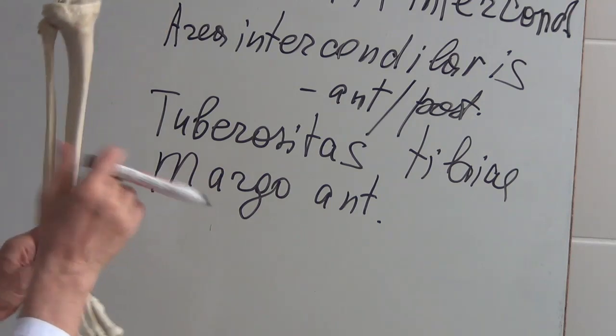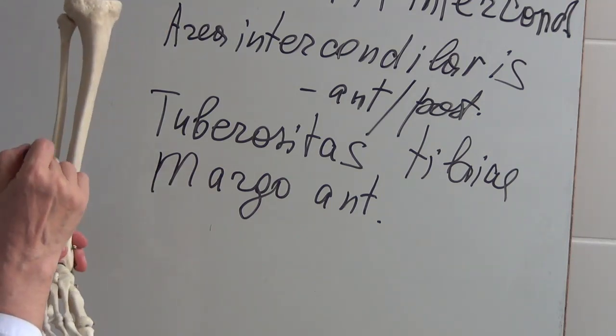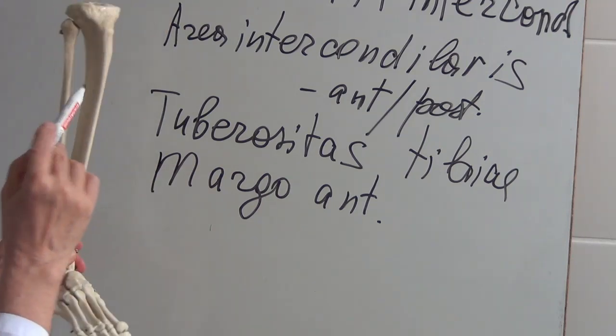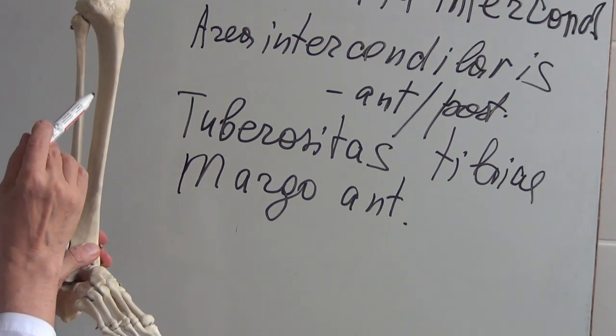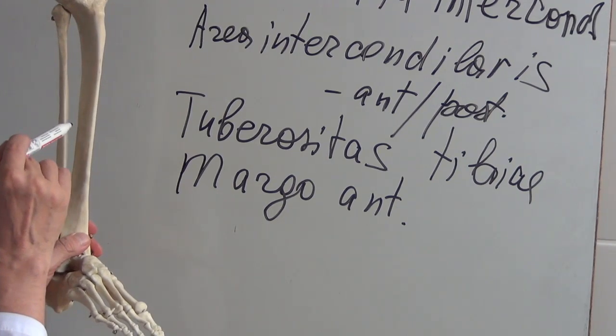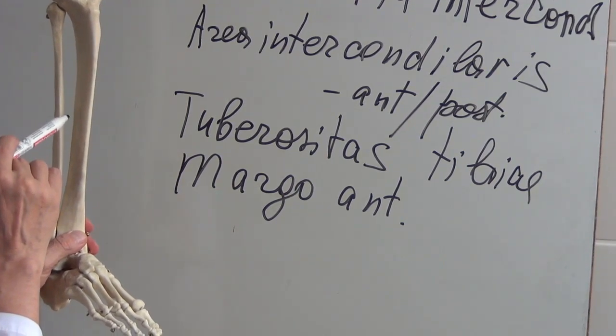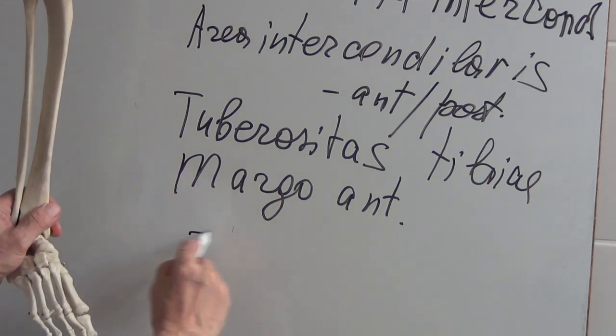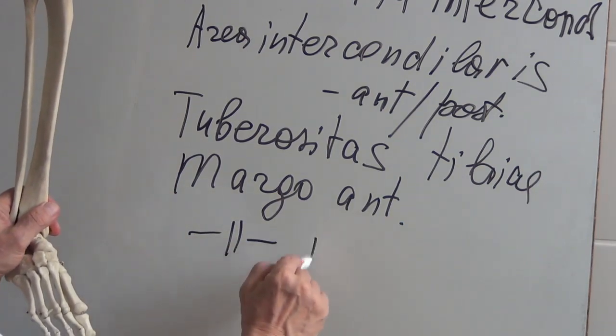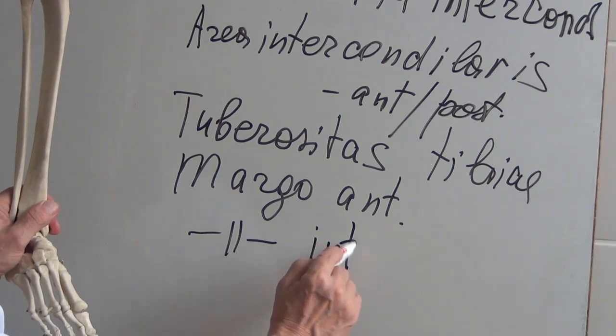And another very sharp margin is margo interossea. Here it is, laterally located, margo interossea.